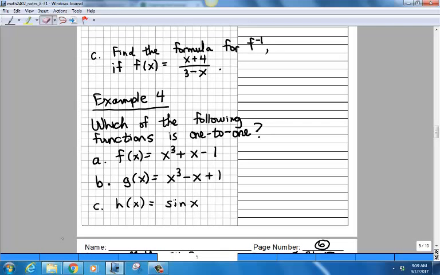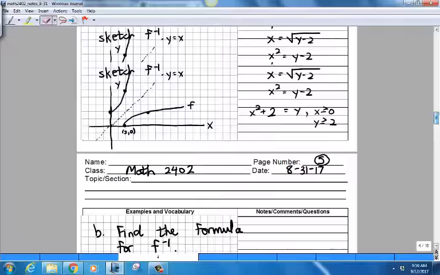Changing x and y, right, okay? So write it as y equals instead of f of x equals, and then interchange x and y, and then you've got to solve that new equation for y, okay? Y'all have that written down? You want me to show you that last example that I did of this?